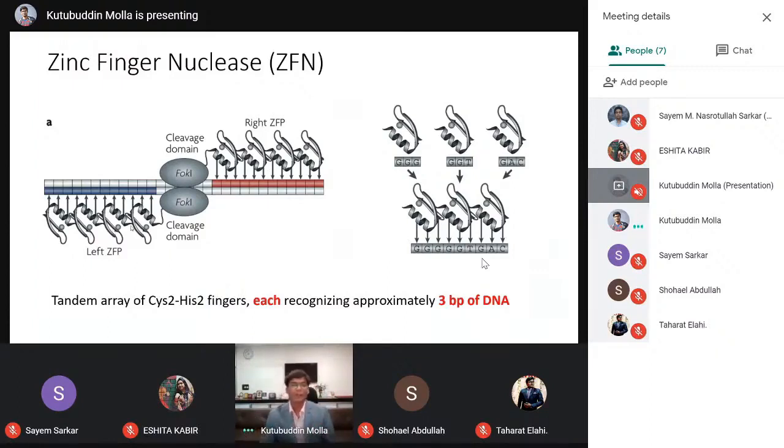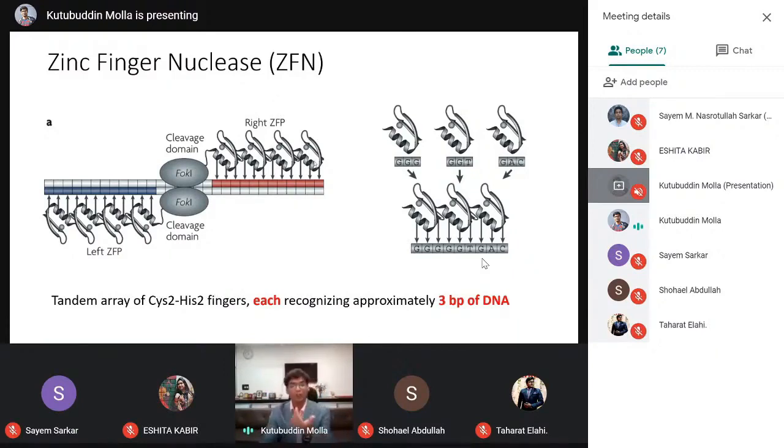Because FokI is very specific in nature and cannot make a cut until it forms a dimer. So in order to form a dimer, you have to use 2 zinc fingers from the 2 opposite directions, so the FokI domains come together and then make a cut. That is how ZFN makes a cut in your specific gene.